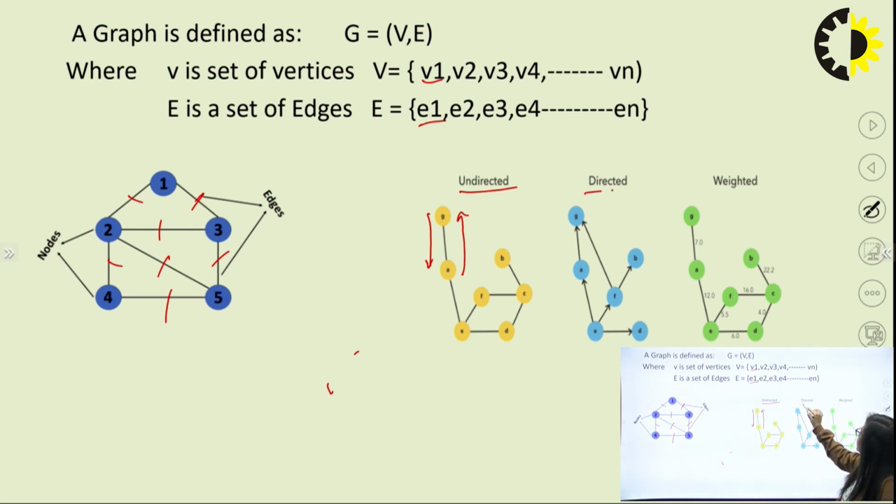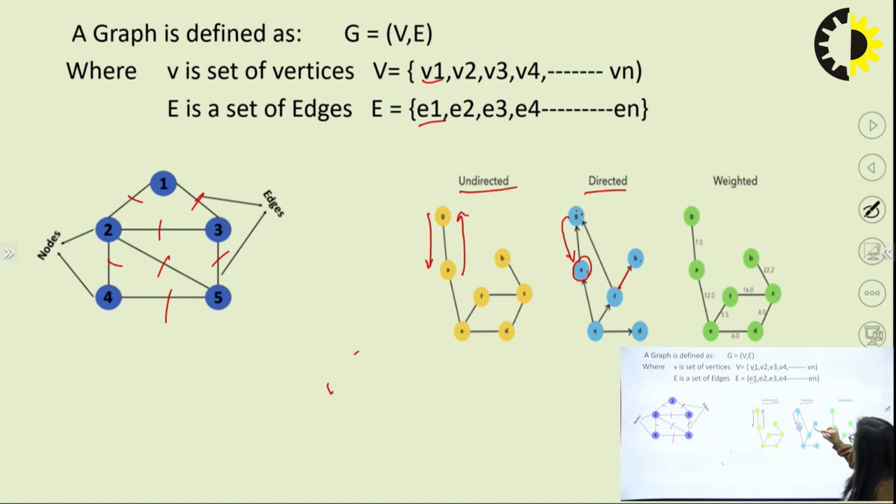Next one is directed graph. Here arrows are given, and these arrow edges are defined here. A vertex can move to G, meaning we can go from this vertex to this vertex, but we cannot move in the opposite direction because we have no edge to come from this node to this node, so it is called a directed graph.